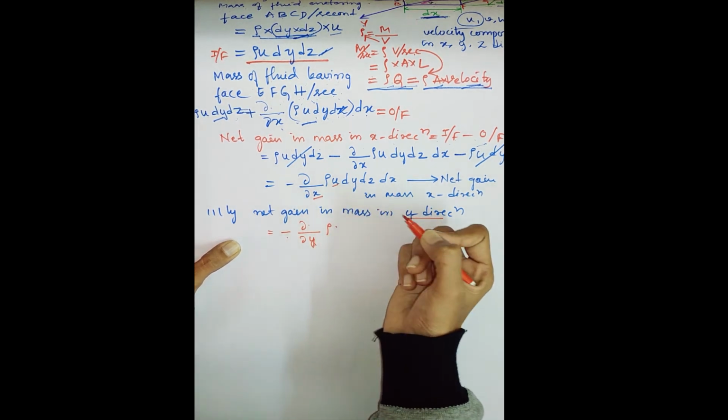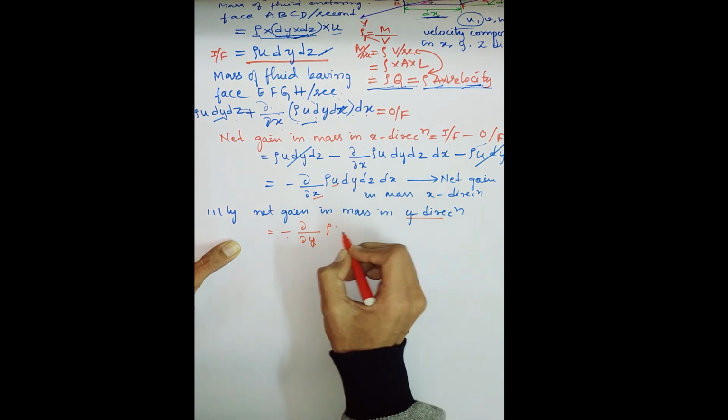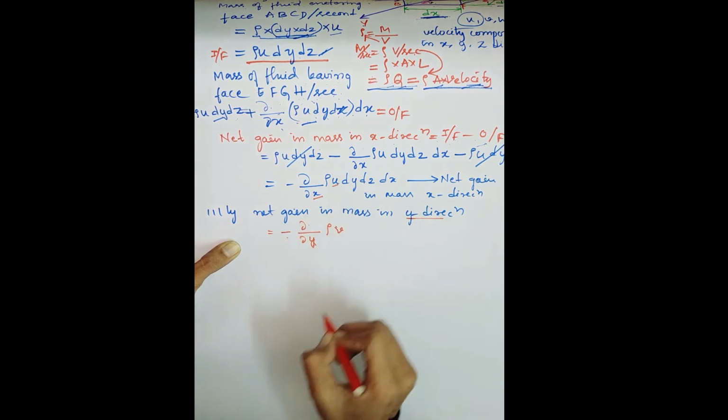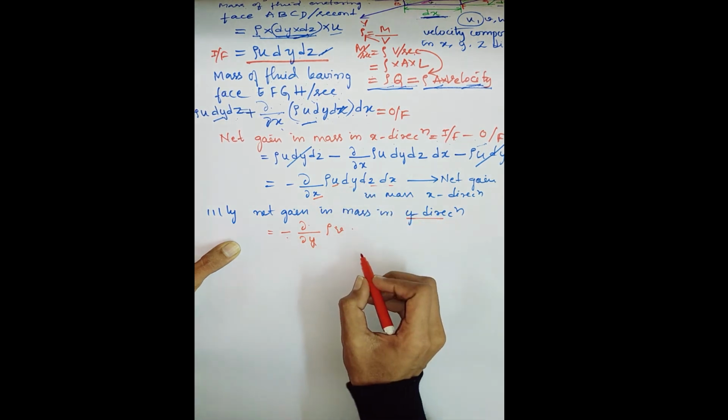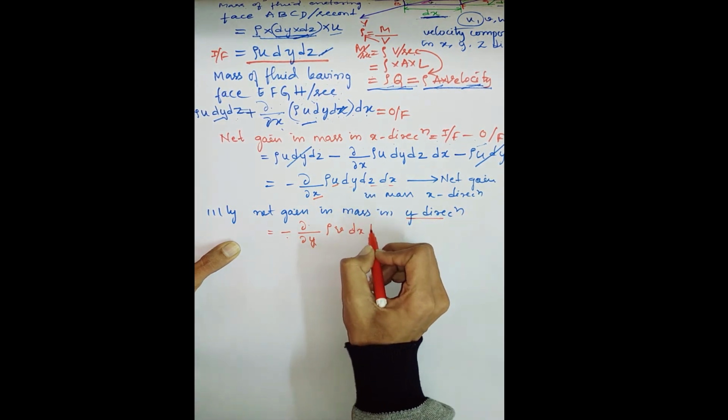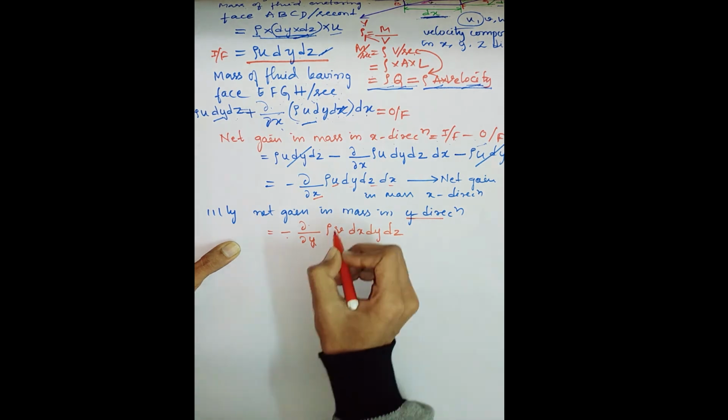See here, u is the velocity component in x direction, so in y direction the velocity component is v. So dx dy dz.